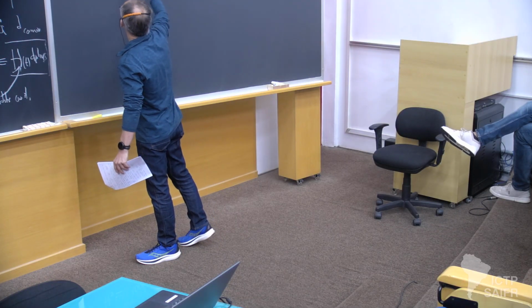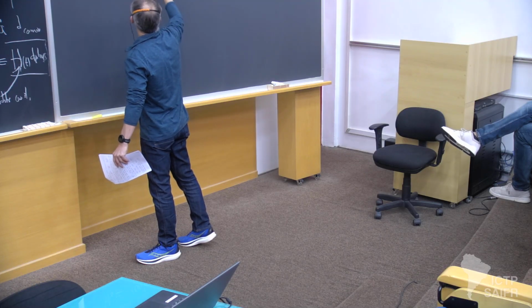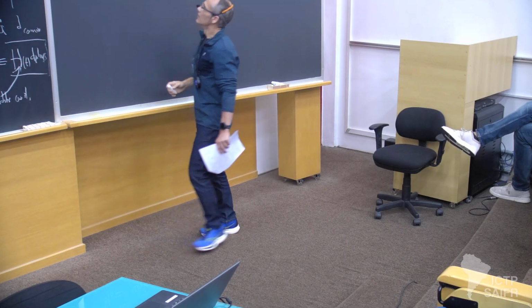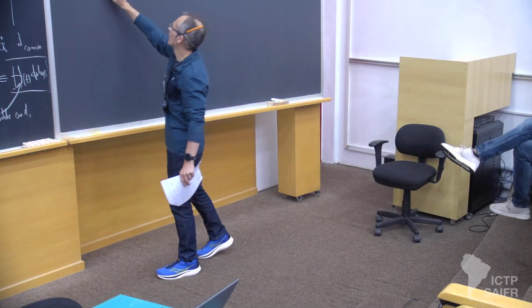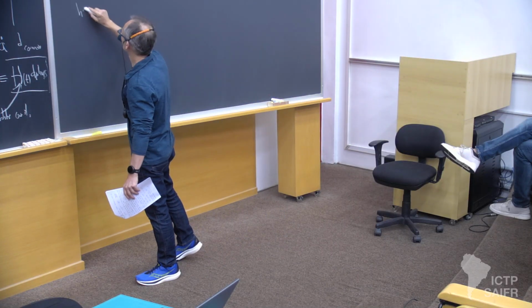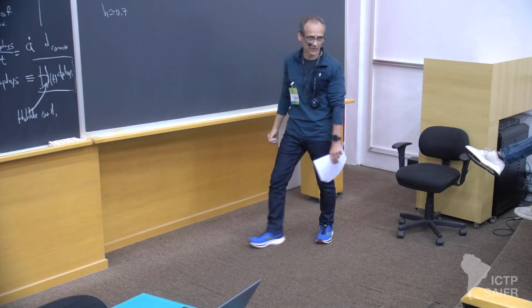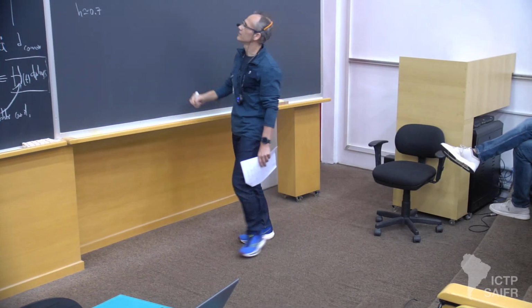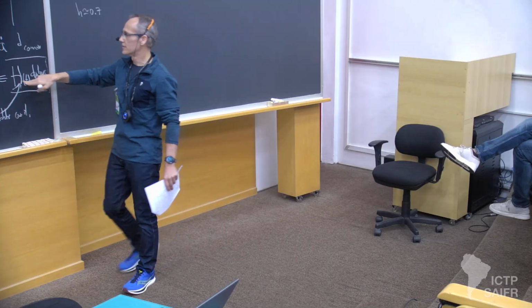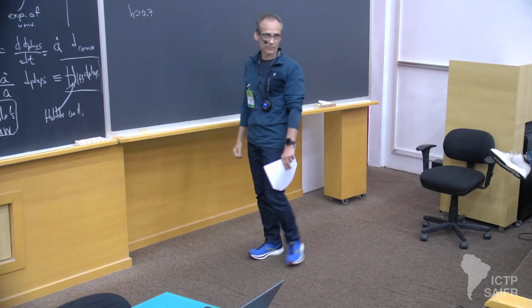Usually it's written in these weird units. The value of the Hubble constant is written as 100 little h, where little h is roughly 0.7. We'll get to discuss a bit more of that later. But you see, this velocity over distance has units of 1 over time.